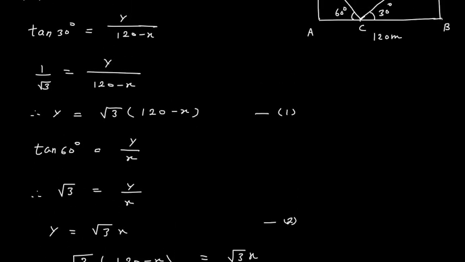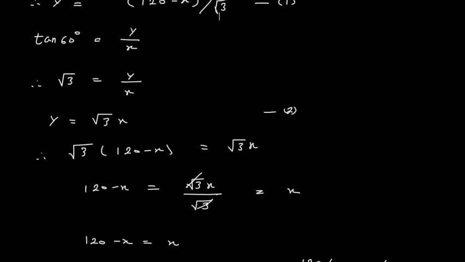Let us see again what happened. Here I have made a mistake. It is (120 minus x) divided by root 3. So here it is not multiplied by, it is divided by. So here I will say that this is divided by root 3, and then here it will multiply.